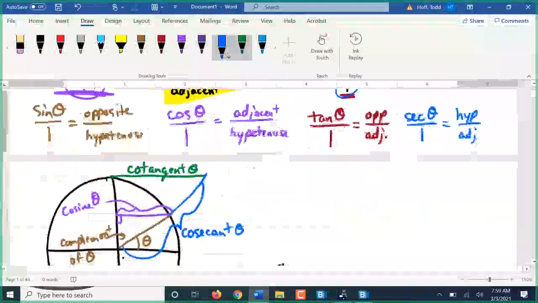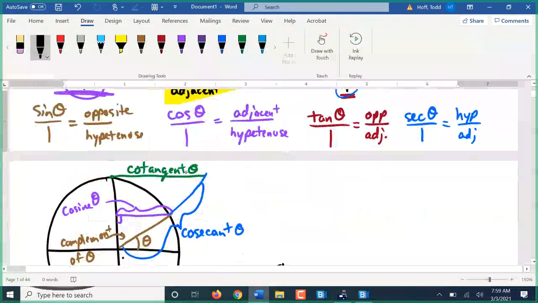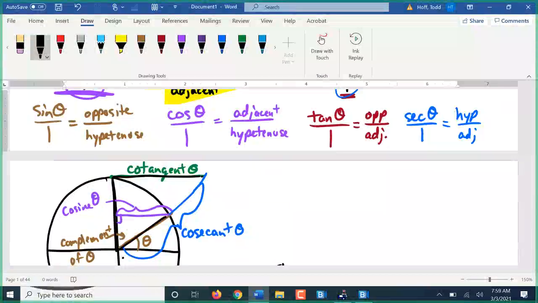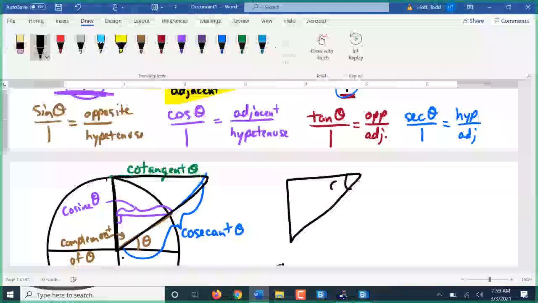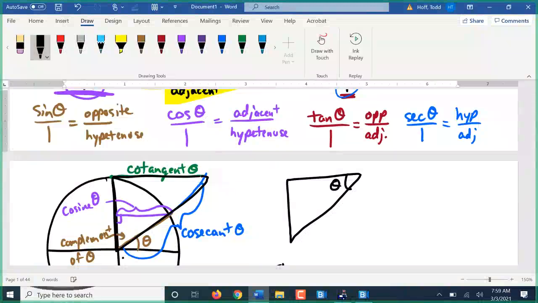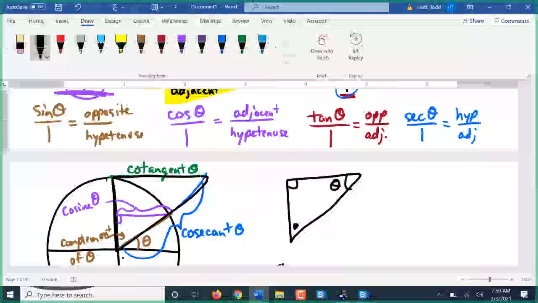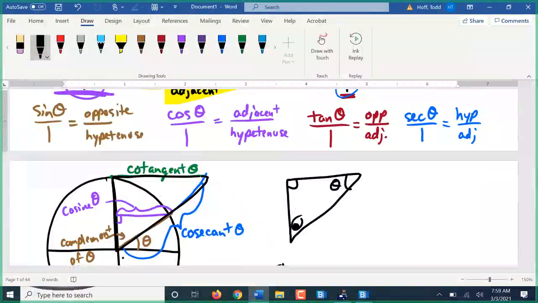I could pull a third triangle in here. It would be this triangle here, my cotangent and my cosecant. This angle up here is actually still theta, isn't it? Because it's the complement of this angle down here. This is the complementary angle down here.